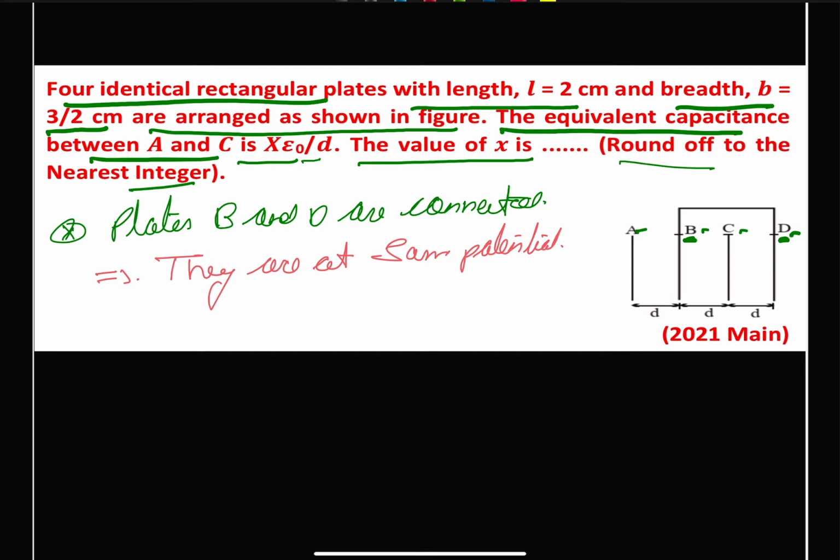So let us assume that the capacitance between A and B is called C1, capacitance between B and C is called C2, and capacitance between C and D is called C3. The area of the plates is the same for all and the distance between the plates is also the same.